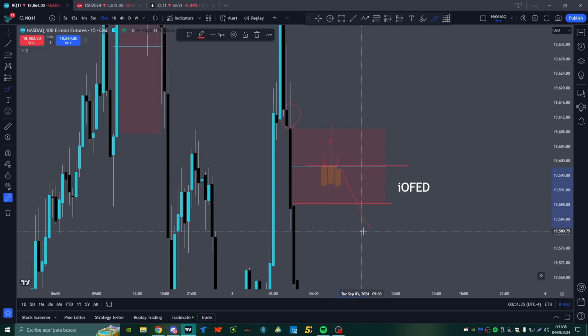So it's a very good indication of the direction we expect, but at the same time, it's one of the reasons why I'm not aggressive with those taps at 50% of the imbalances, because I know that sometimes the price just comes to touch something, and then it does react.